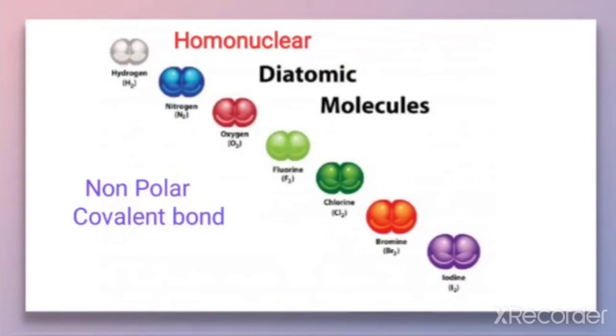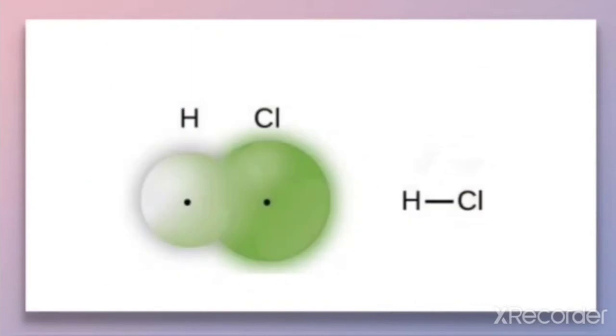But in the case of a heteronuclear diatomic molecule like HCl, the shared pair of electrons will be slightly shifted towards the chlorine because chlorine is more electronegative. So, because of this, hydrogen develops a partial positive charge and chlorine develops a partial negative charge.